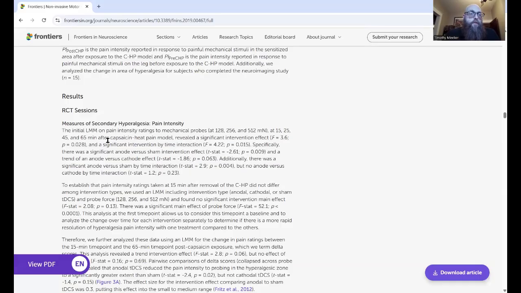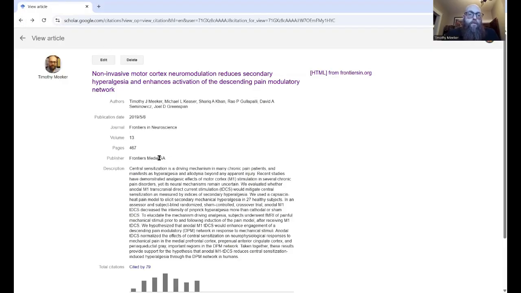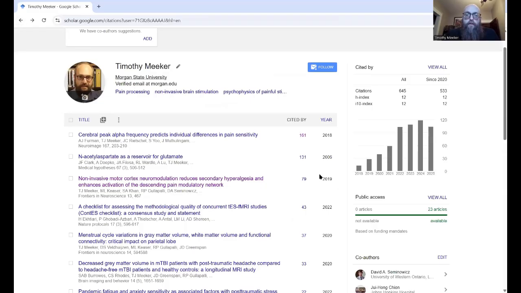It was a randomized controlled trial in healthy participants, which basically just means a randomized experimental trial of this intervention. It was published in 2019. It's been cited 80 times, or 79 times, almost 80 times.